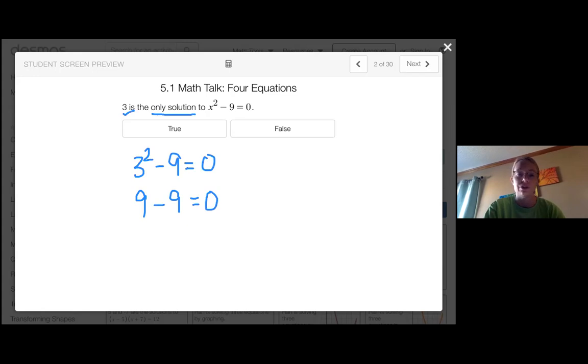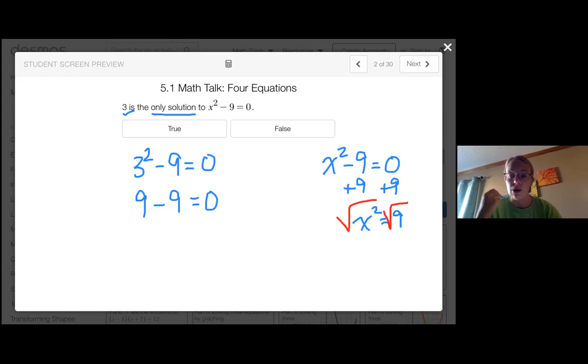I would caution you on this, because if you were to solve this, your first step would be to add 9 to both sides. Then you get x squared equals 9. From here, the opposite of a square is a square root, so I would square root both sides.